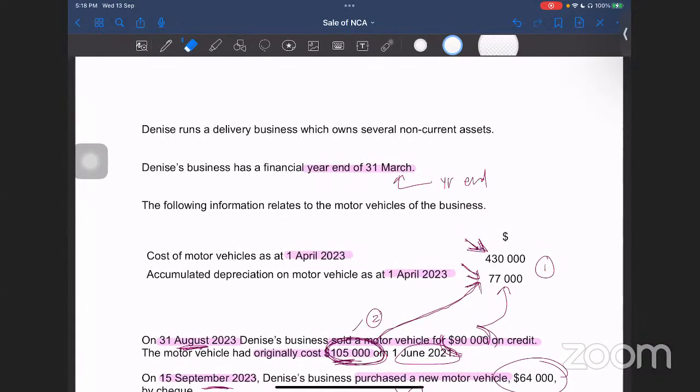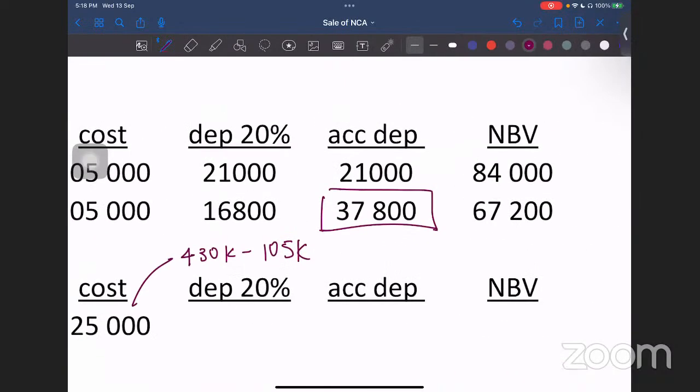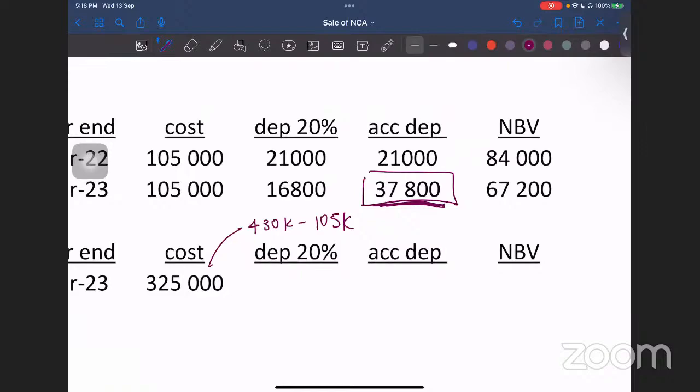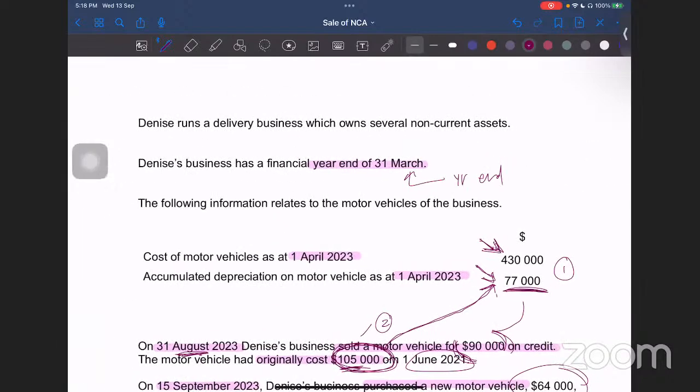Okay, then from here, my acc D is the same idea. The one that I sold, the acc D is still sitting inside of this 77,000. So again, I will need to remove it. So when I sold, my acc D is this 37,800. So I will need to remove it from the acc D that is given to me, because I haven't sold yet as at 1st April. So my acc D is still sitting inside of this 77,000.